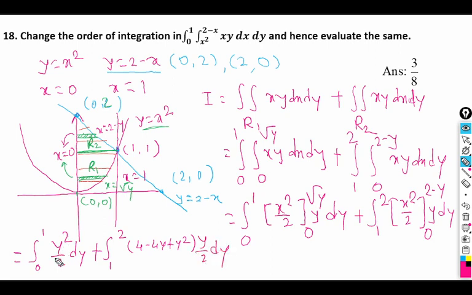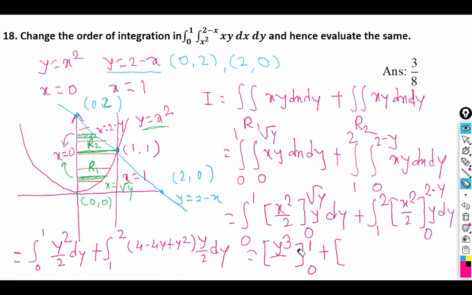So this integration is straightforward. The integral of y square by 2 will be y cube by 3, limits 0 to 1, plus the integral from 1 to 2. My mistake, it is y cube by 3 into that 1 by 2, so it is y cube by 6.